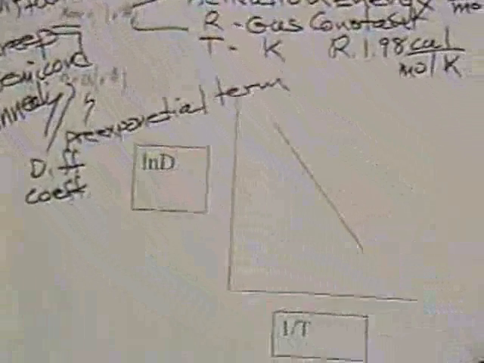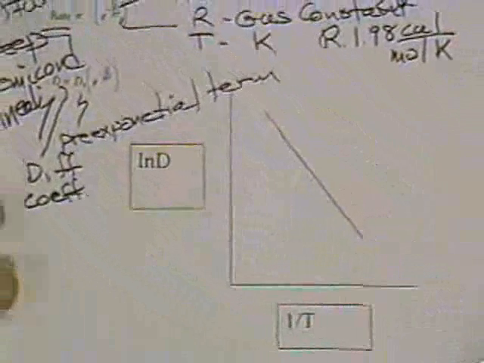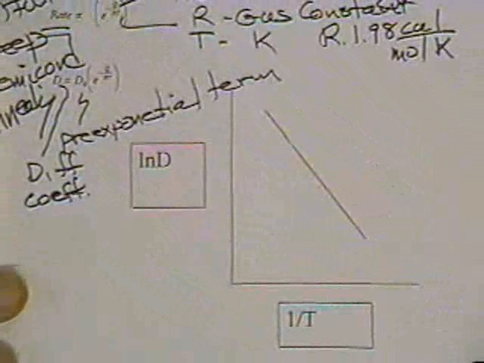Well, if a Boltzmann distribution is satisfied, and you can apply this thermally activated process, which is called the Arrhenius equation, then you can solve for Q in the following way.